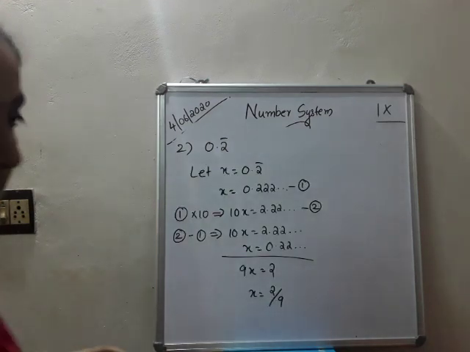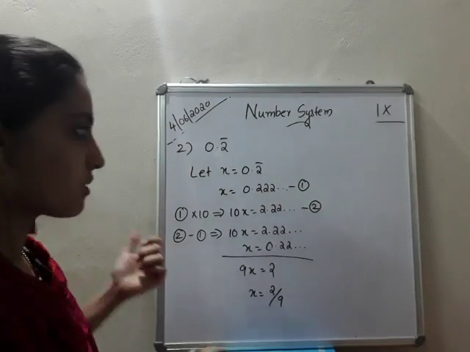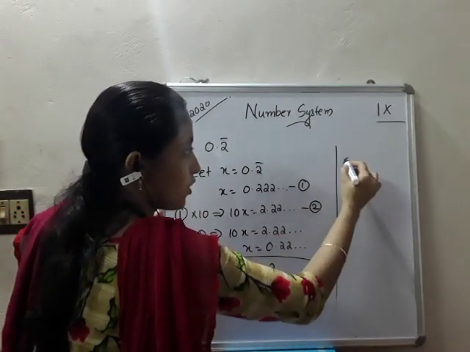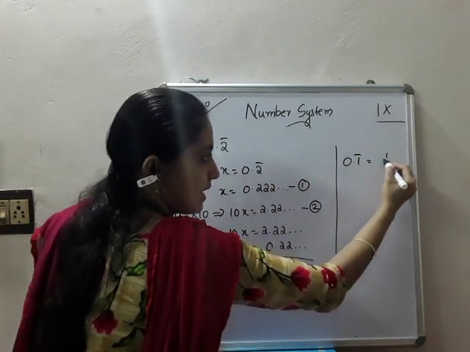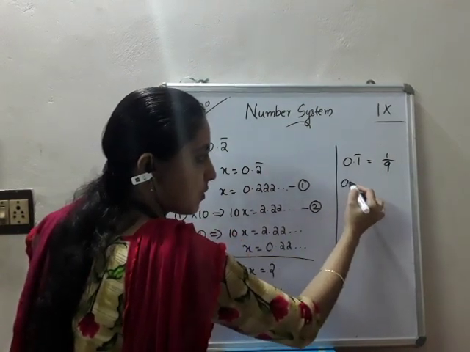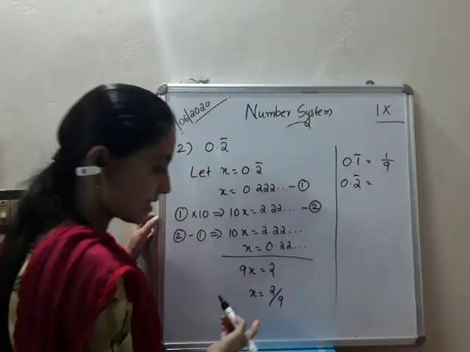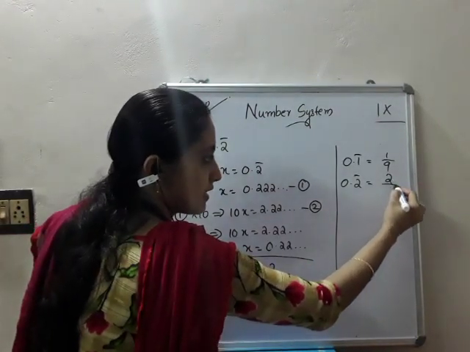Hope you understood this. And what is the previous question? 0.1 bar is equal to, what is the answer you got? 1 by 9. So 0.2 bar, what is the answer you got? 2 by 9.